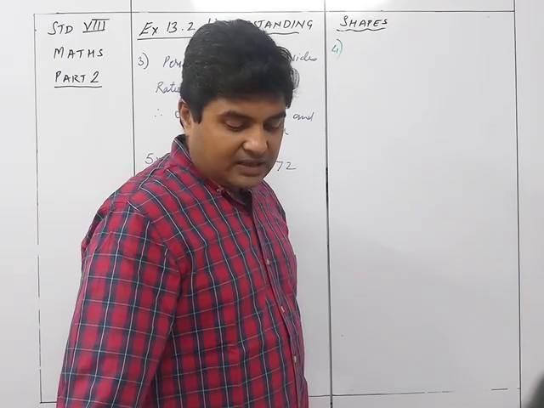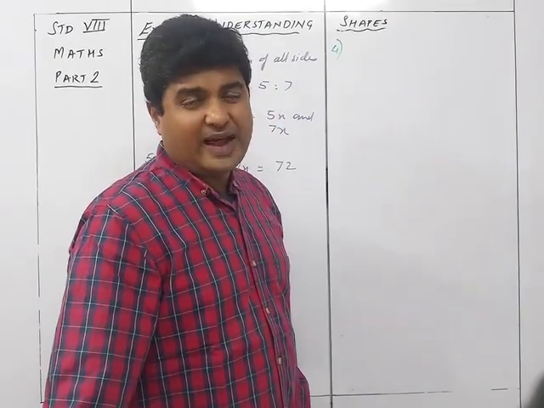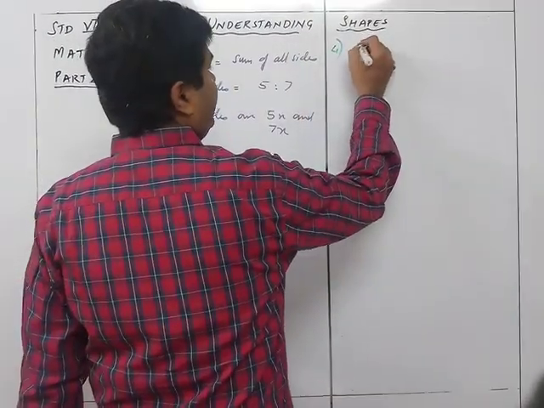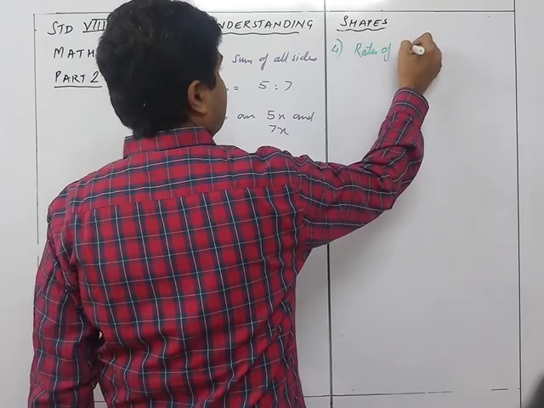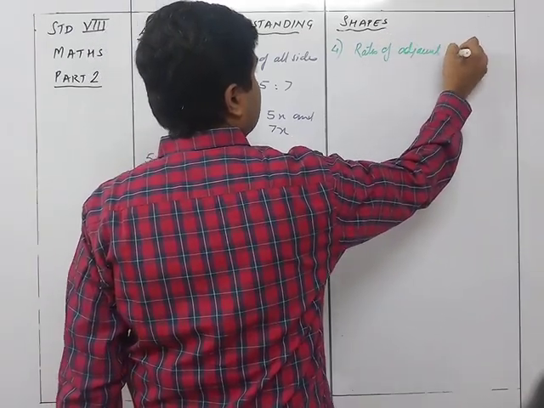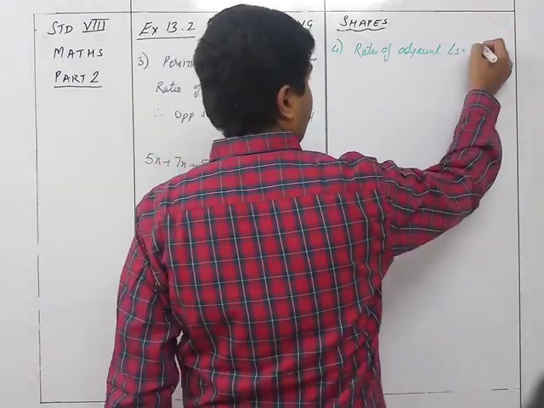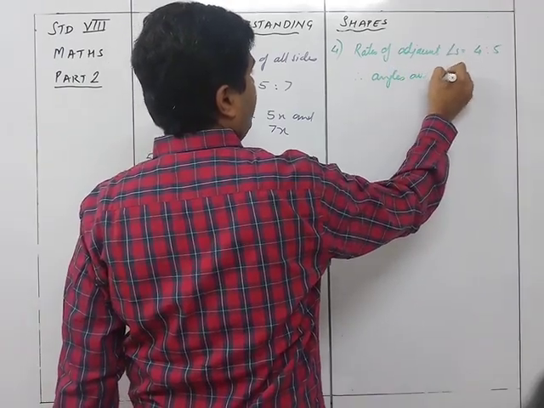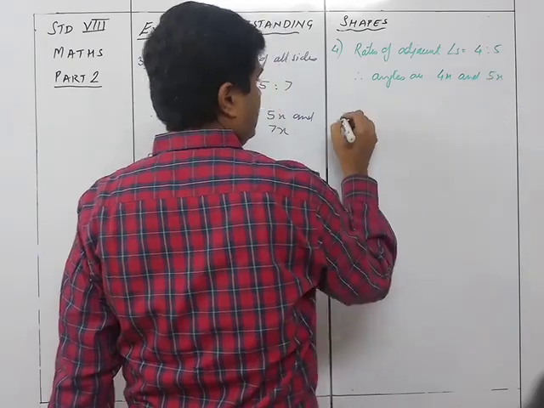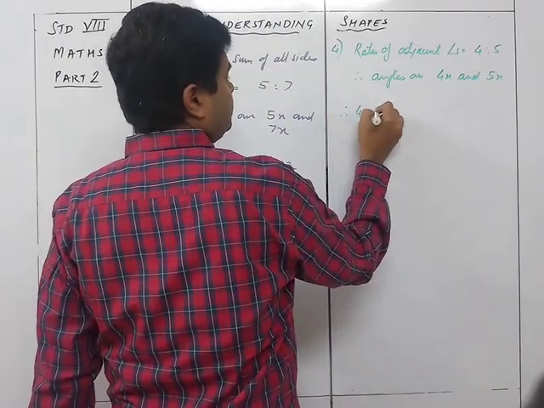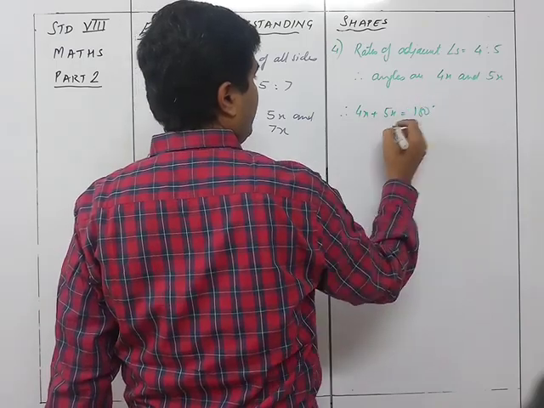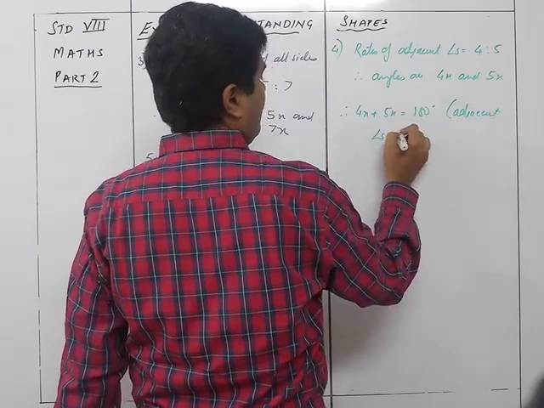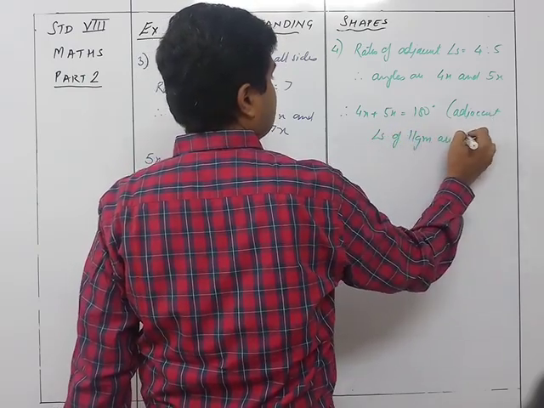The measure of two adjacent angles of the parallelogram are in the ratio 4:5. Now adjacent angles, we very well know that the adjacent angles are supplementary. So the ratio of adjacent angles is given as 4:5. Therefore, angles are 4x and 5x. Therefore, 4x plus 5x is equal to 180 degrees, because adjacent angles of parallelogram are supplementary.